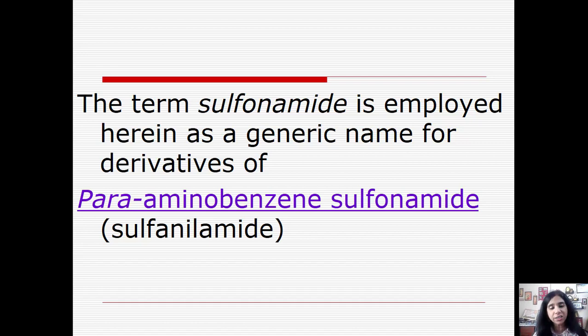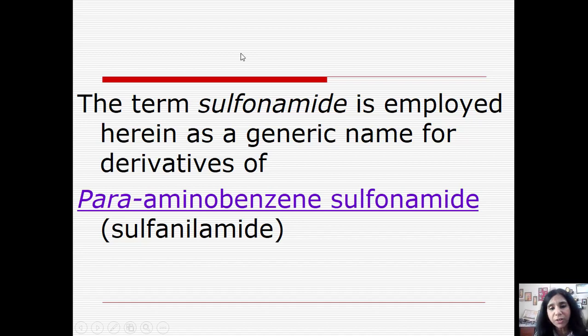And folic acid synthesis in the bacteria is very important, because once folic acid is formed, it gets converted to dihydrofolic acid, and from dihydrofolic acid it gets converted to tetrahydrofolic acid, students, and this tetrahydrofolic acid is responsible for thymidylate synthesis, purine synthesis, and one-carbon transfer reactions. If this is not formed, then the bacteria are going to head for bacterial death. So that is what the sulfonamides do.